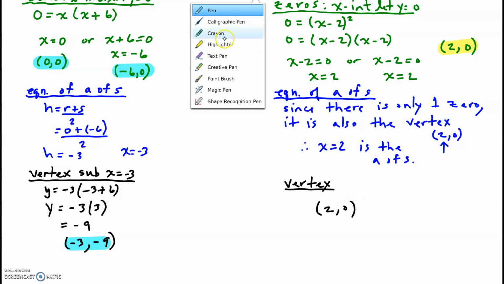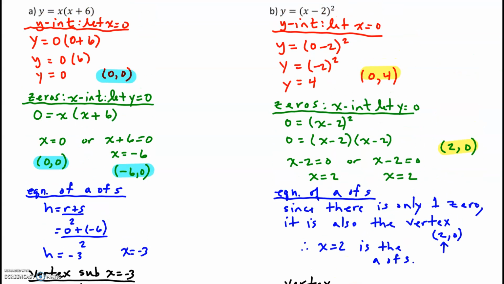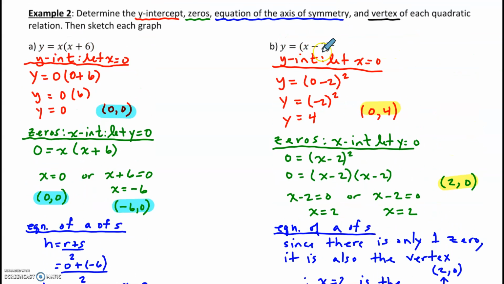All right, so this happens when, look at the original equation, when it's (x minus 2) squared. If you have an equation that looks like that, the x-intercept will be the vertex. So we can make a little note of that. So in this form, the x-intercept will be the vertex.